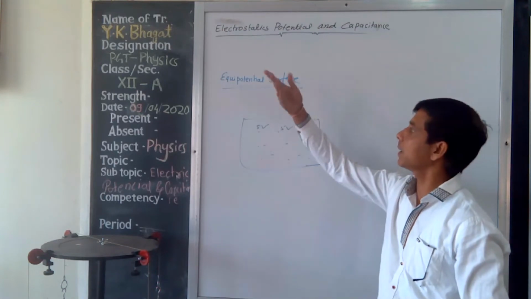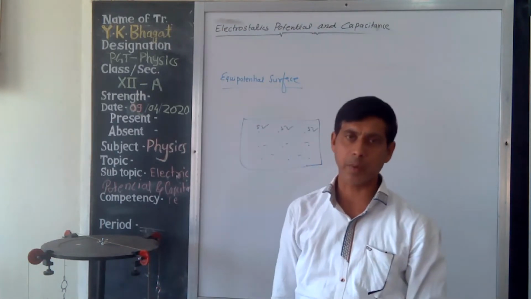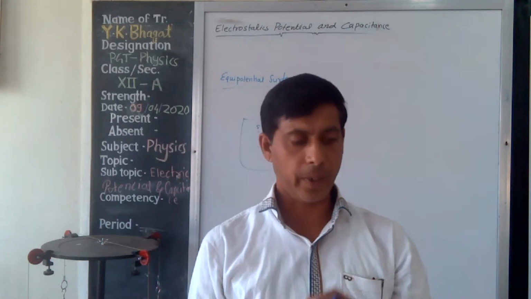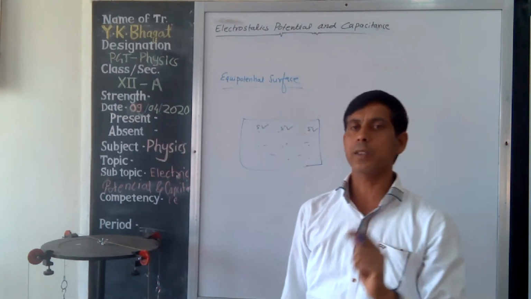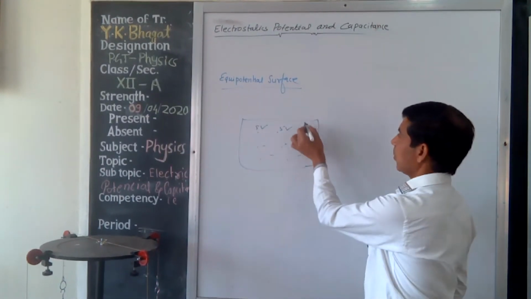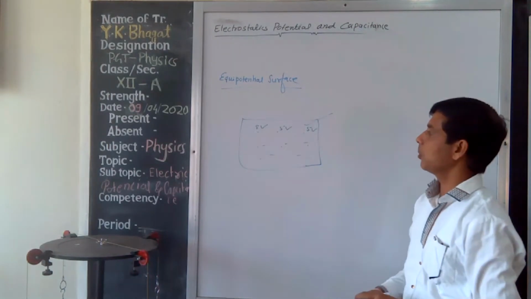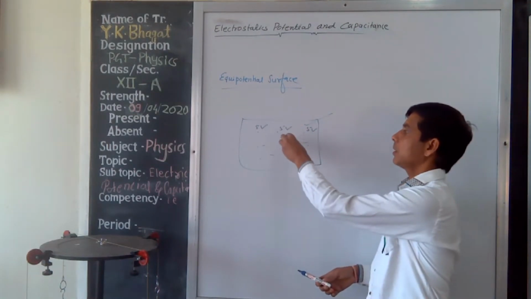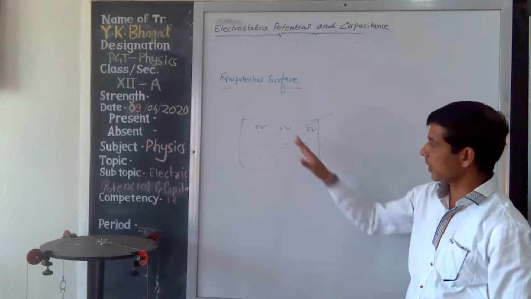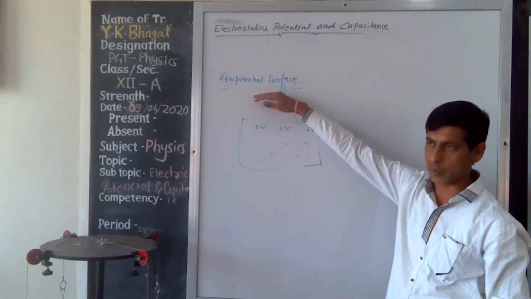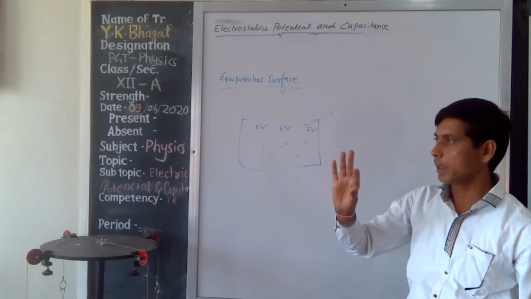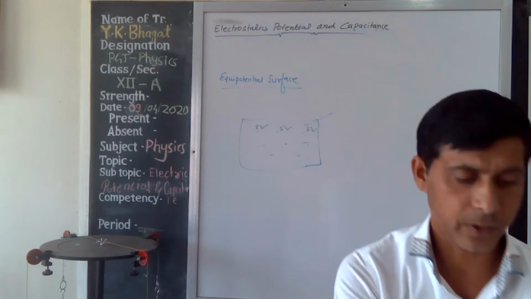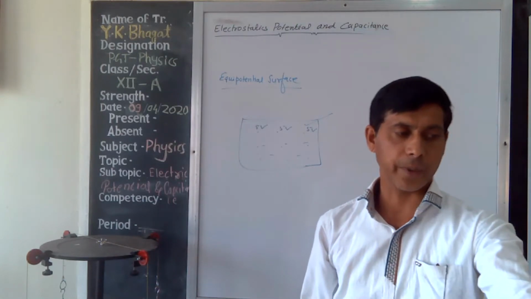Then what will be the definition of an equipotential surface? Any surface over which the electric potential due to a charge distribution is the same is called an equipotential surface. At each and every point on the surface, the potential will be the same.